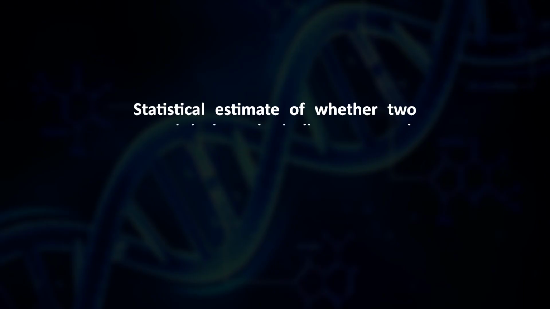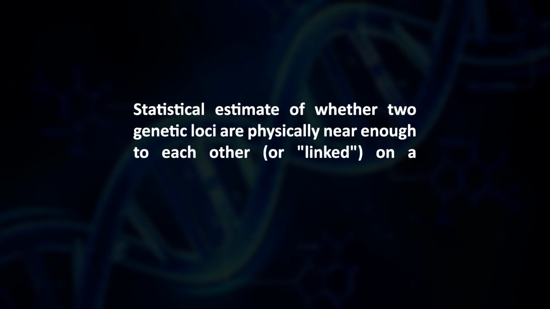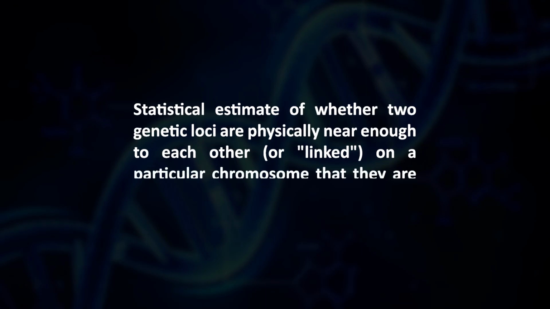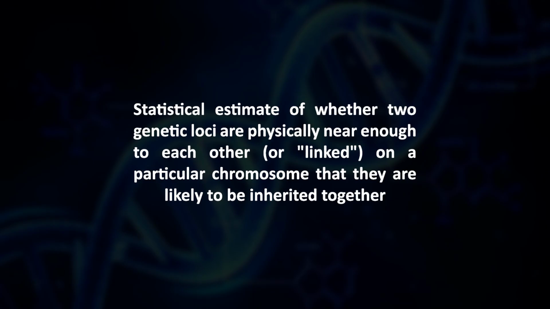A Lod score is a statistical estimate of whether two genetic loci are physically near enough to each other, or linked, on a particular chromosome that they are likely to be inherited together. A Lod score of 3 or higher is generally understood to mean that two genes are located close to each other on the chromosome.